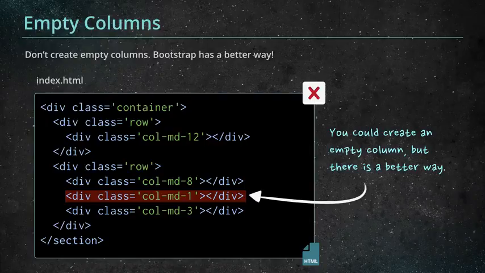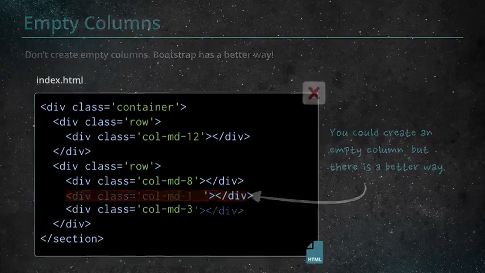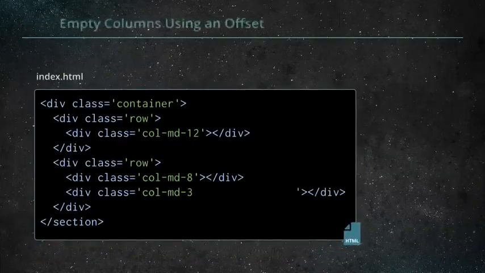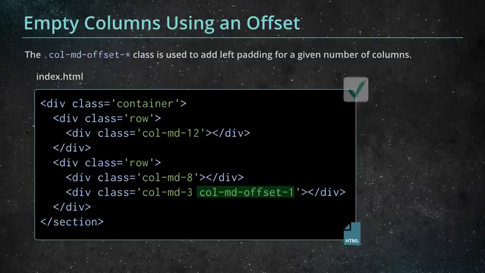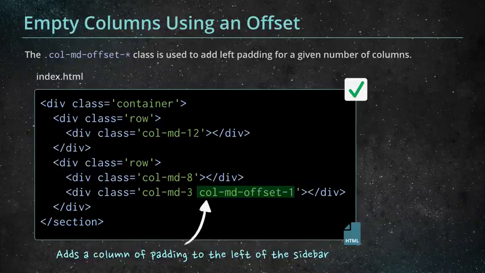Bootstrap provides a class that we can use to offset our elements by a given number of columns. So in this case, we can get rid of that col-md-1 element and instead add a class of col-md-offset-1 to our sidebar. What this would do is add a column of padding to the left of our 3-column sidebar.